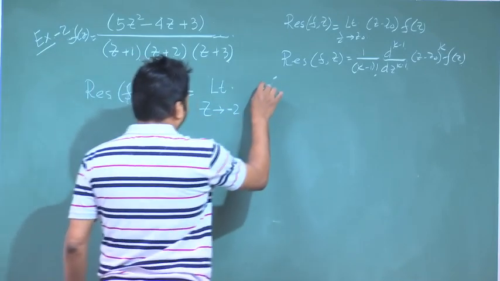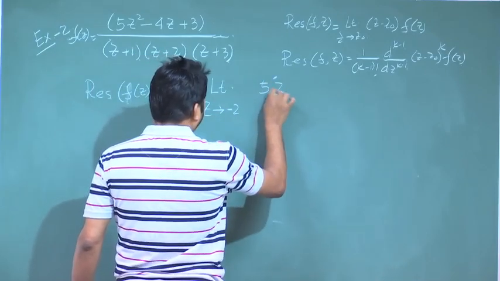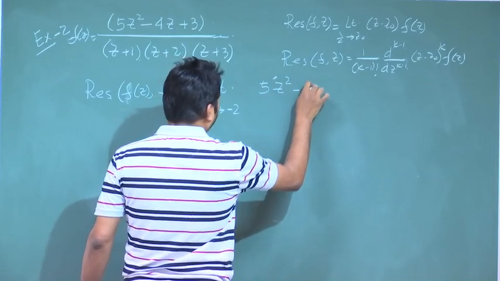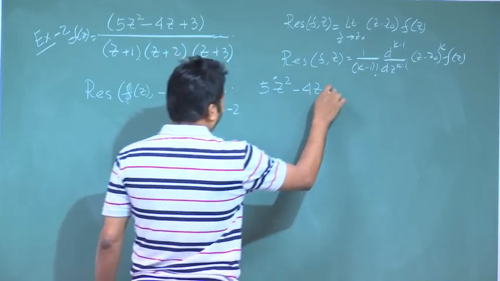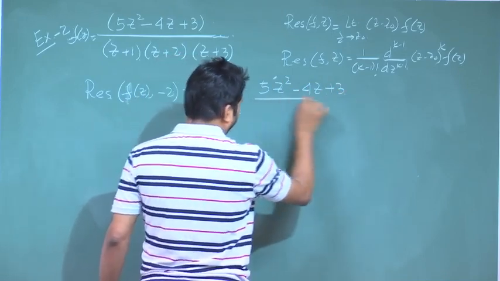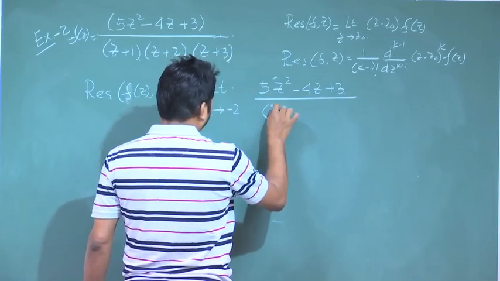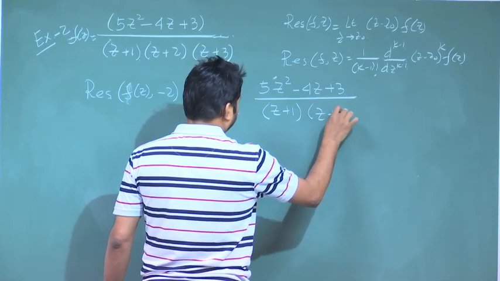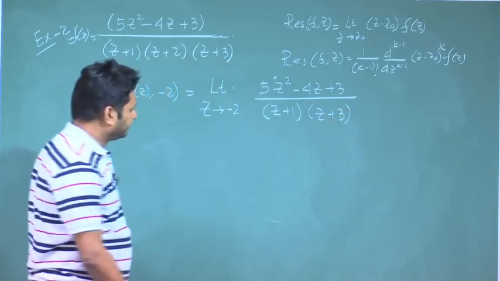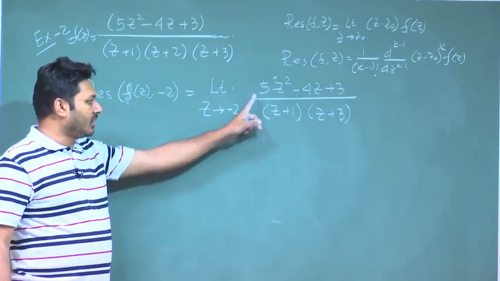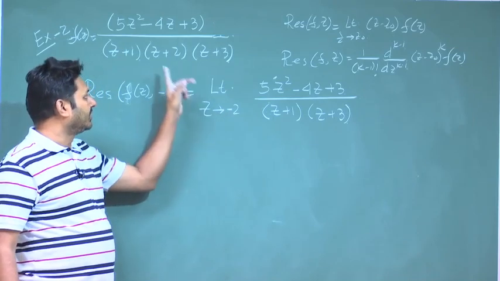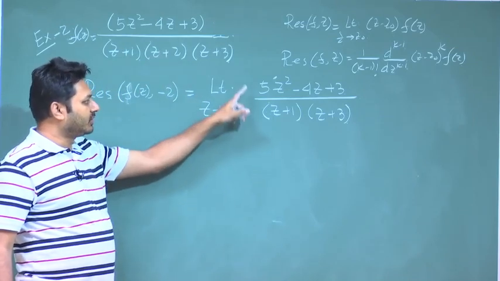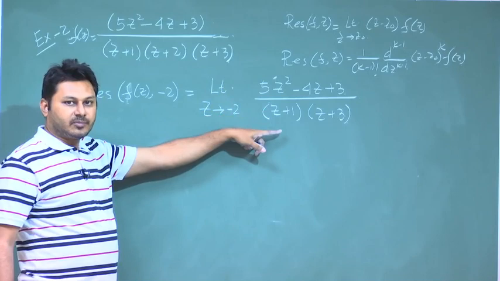I am not doing that part, I am just directly writing after removing the z plus 2 term, which is obvious. So, I just need to evaluate this quantity at z equal to minus 2.